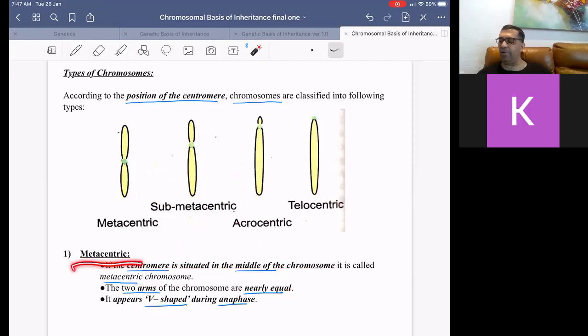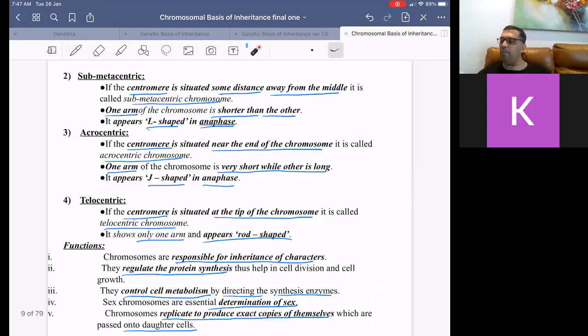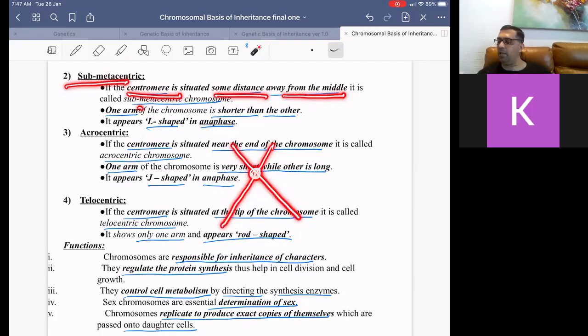Then we have submetacentric. In submetacentric, the centromere is situated some distance away from the middle. One arm is shorter than the other: this arm is short, this arm is long.